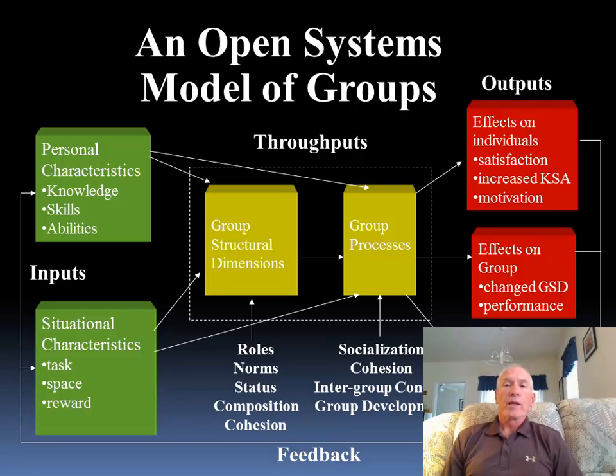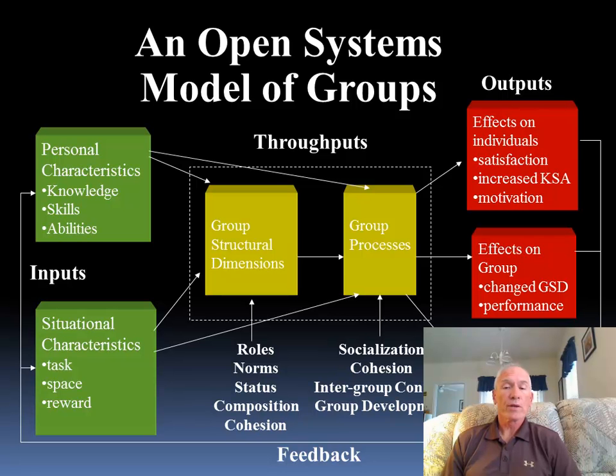That looks pretty intimidating, but this is the open systems model of groups. Recall that systems thinking is one of our underlying structures in this course. Here we view groups as open systems where there are inputs, throughputs, and outputs. We'll look at the inputs: the personal characteristics and the situational characteristics that are inputs into groups.